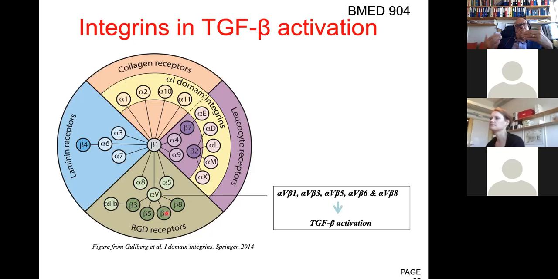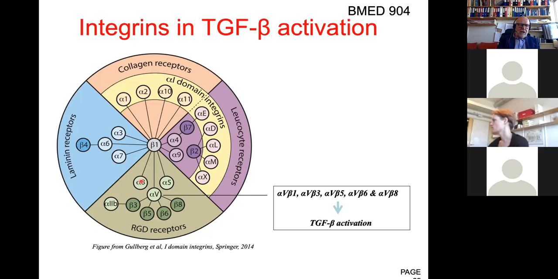This was a super high profile paper showing that if you subjected mice to lung fibrosis and they lacked beta 6, they were protected. One could see that this particular integrin was needed in order to activate TGF beta.